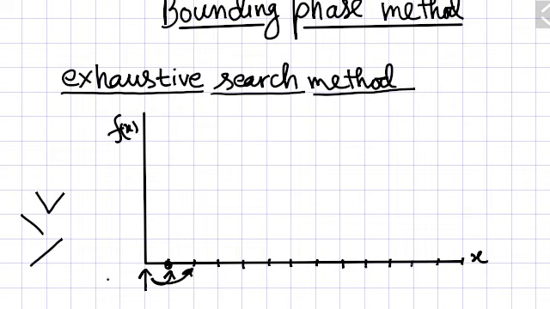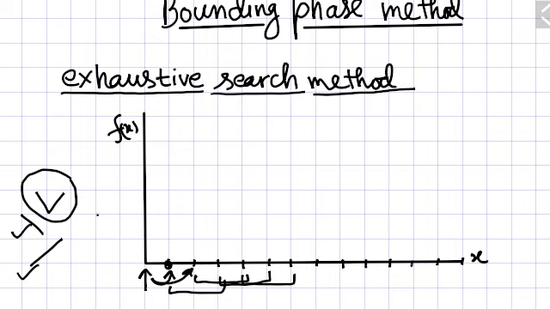When we see that it is like this, we go to the next 3 points, and then the same procedure, and again the next 3, next 3. This way we keep on searching until we get this kind of thing.